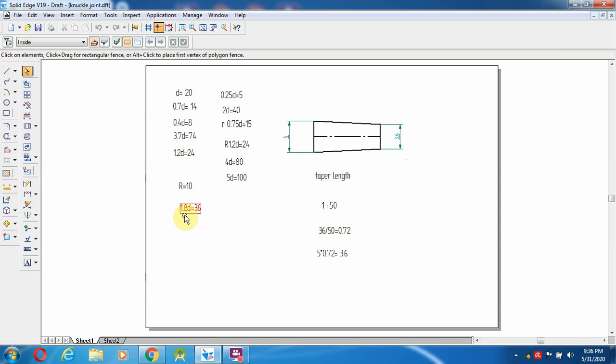So here it is coming as a 1.8 long, so 1.8 into d, so we are getting as a 36, so 36 mm length, so 36 divided by 50 we are getting as a 0.72. 0.72 we are going to multiply with the 5 mm, the diameter of the taper pin. If we are multiplying that, we are getting the value as 3.6.